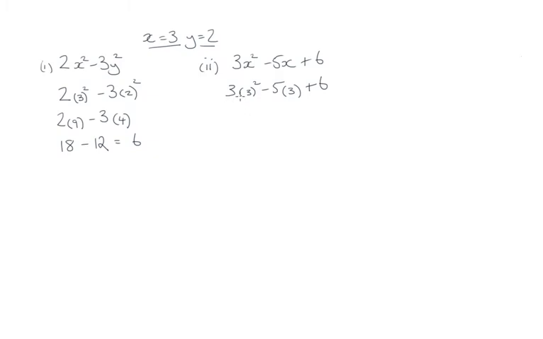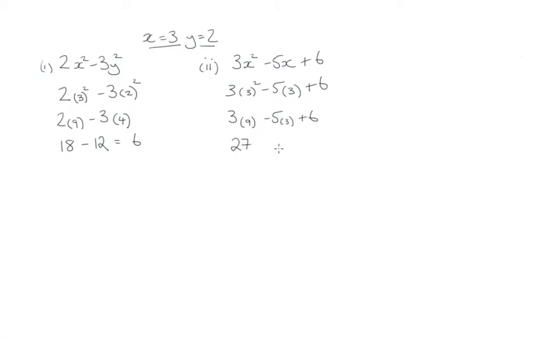So 3 3s are 9. So I'll put in here 3 3s are 9. And then 5, and then there's no squared here, so I'll do that in the next line, and then plus 6. So 3 multiplied by 9 is 27.